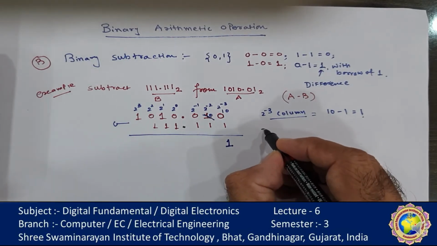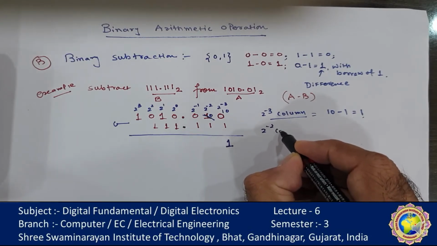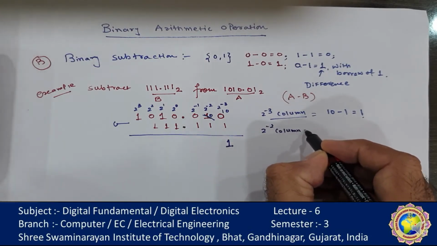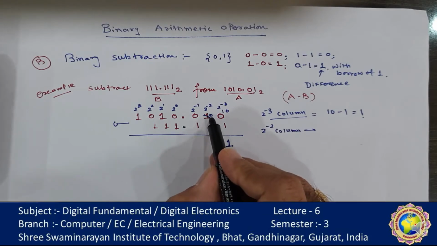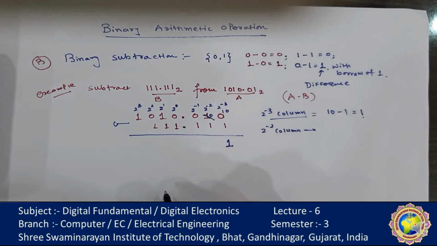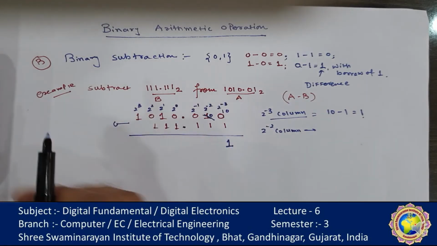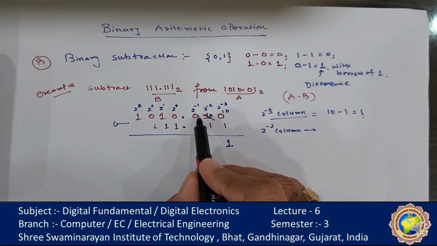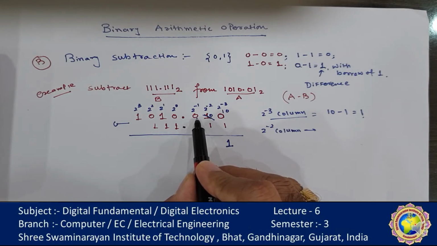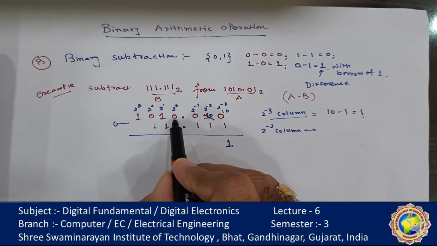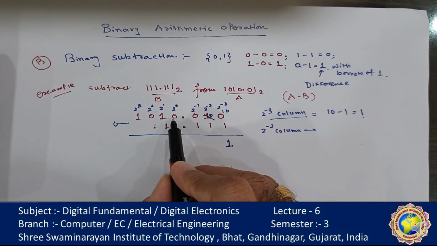Now second step, in the 2 raised to minus 2 column, again 0 minus 1. So we have to take the borrow from the first 1 towards the 2 raised to minus 1 column, but it is a 0, so we cannot take. Go to the 2 raised to 0 column, there is also no 1.